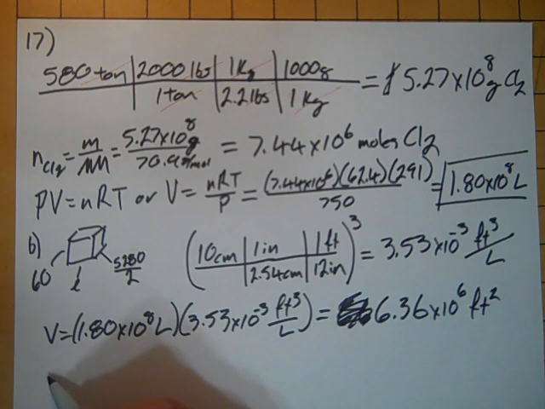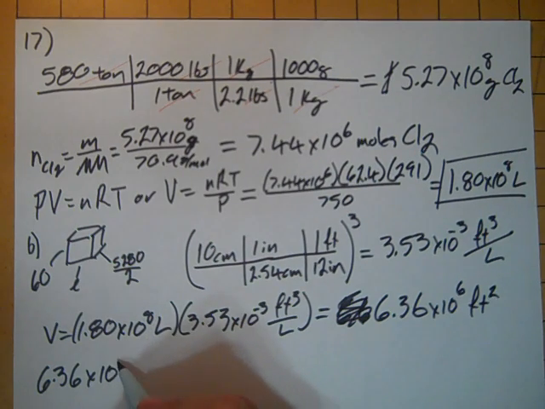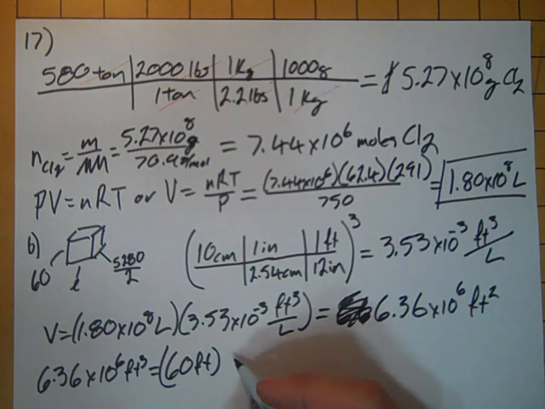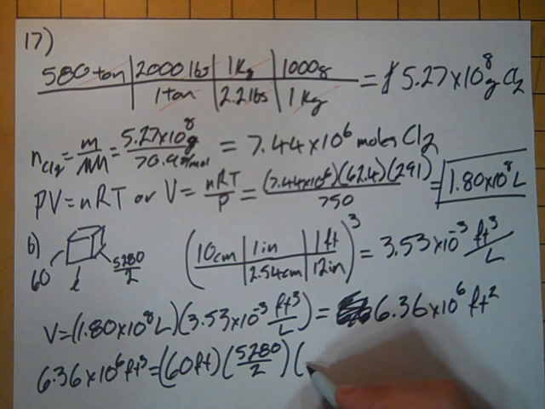So, since the volume, 6.36 times 10 to the 6 cubic feet, equals the height, 60 feet, times the width, 5280 divided by 2 feet, times the length, the thing I'm looking for.